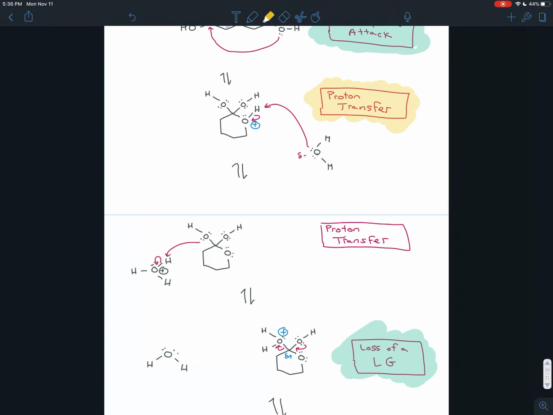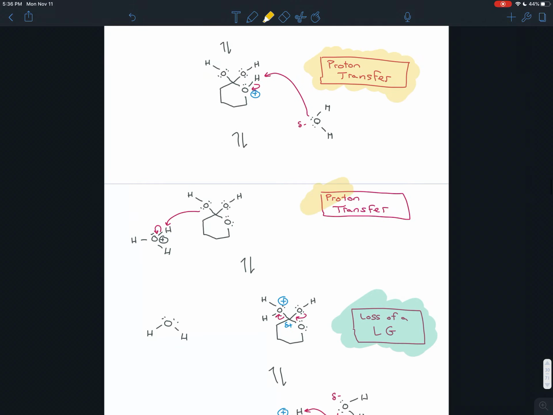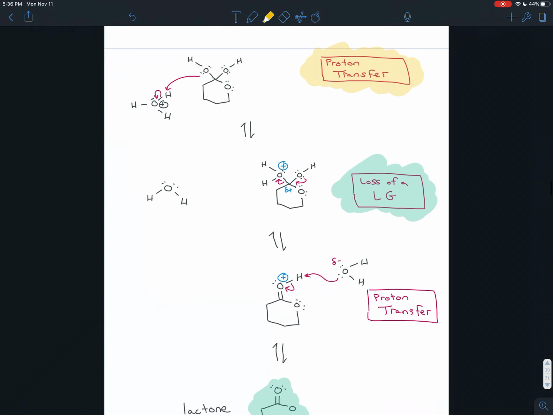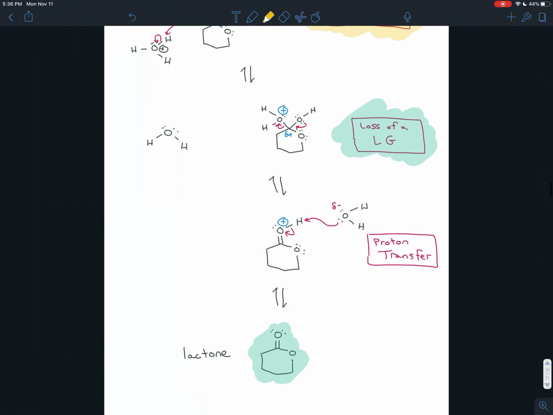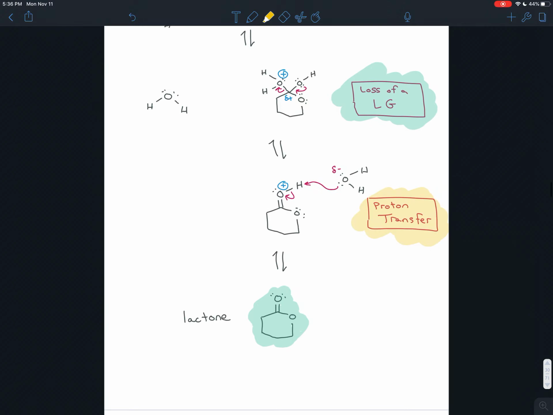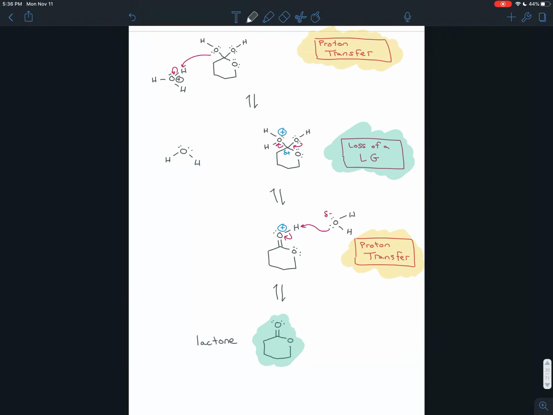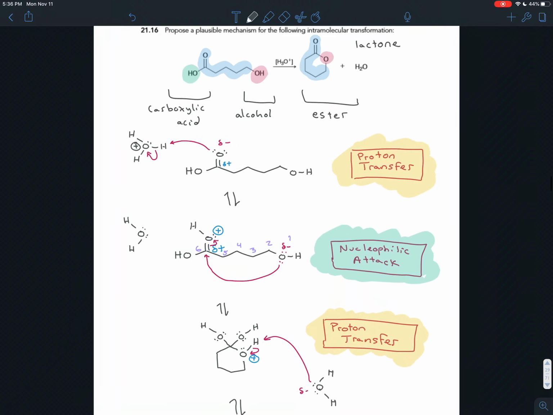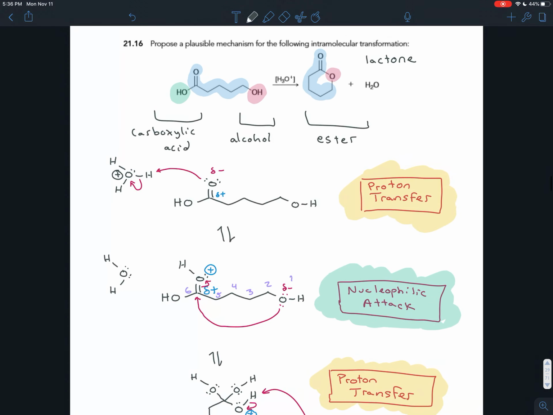We had a leaving group that we wanted to leave, but it was a bad leaving group, so we did a proton transfer to turn it into a good leaving group, make it more reactive. Once we had a good leaving group, we did loss of a leaving group, and then we just stabilized the product that we made. It had a positive charge, so we stabilized it by doing another proton transfer. And that left us with the lactone. So this is one of the longer types of mechanisms for doing a nucleophilic acyl substitution, but very common.